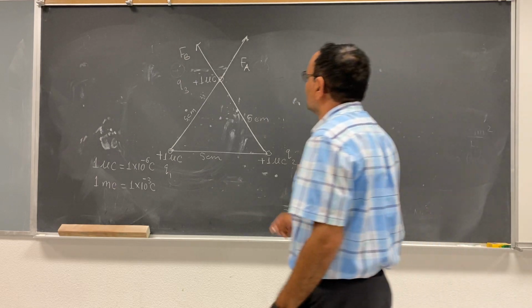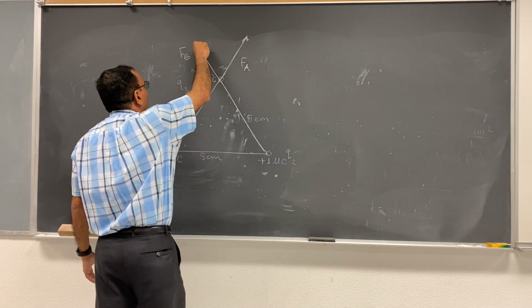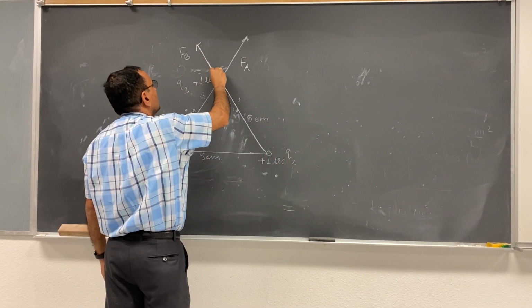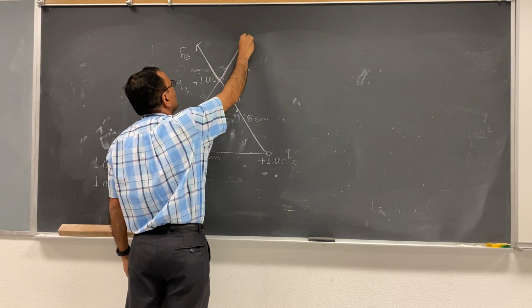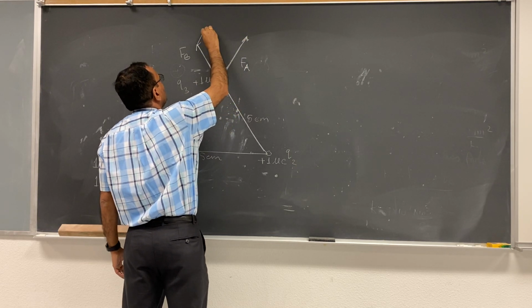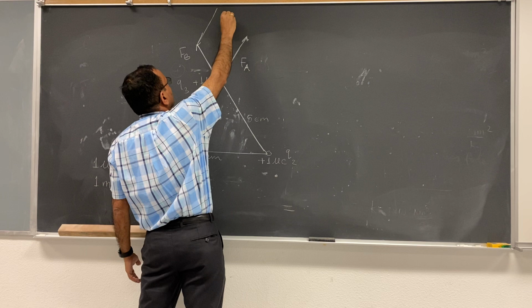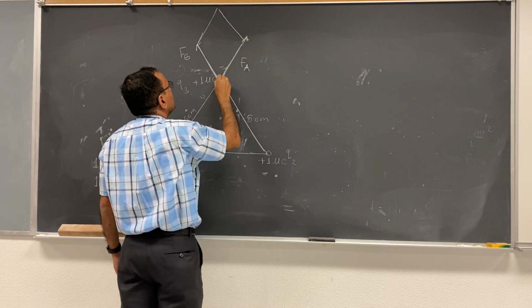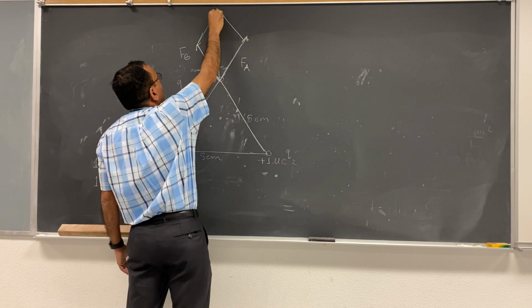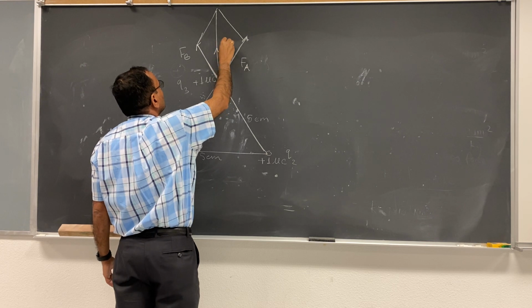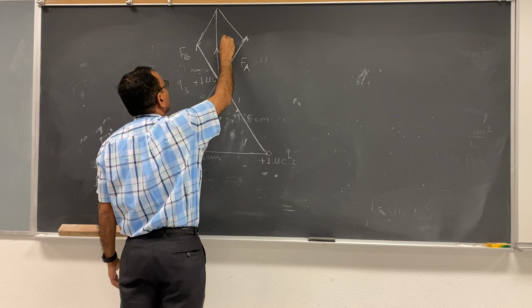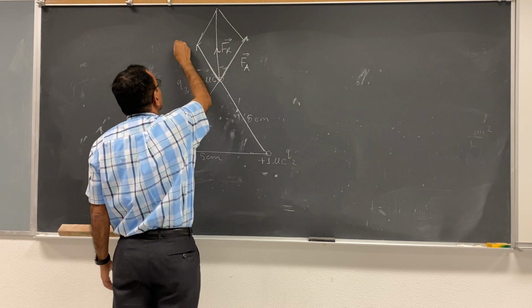How do you get the net force then? Look, this is one side of the parallelogram and this is another side of the parallelogram. Then you can complete the parallelogram like this, and this diagonal, this one, is your resultant F_R. This is a vector, this is a vector, this is a vector.